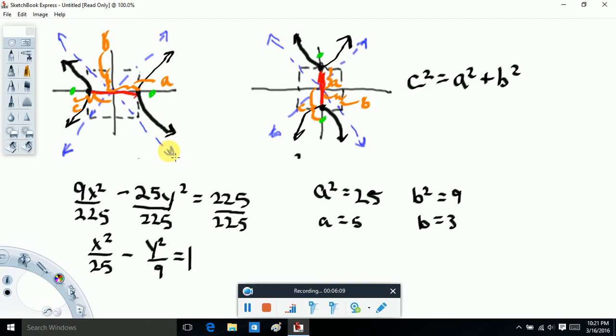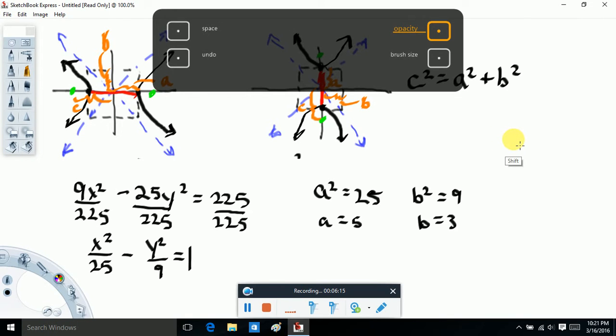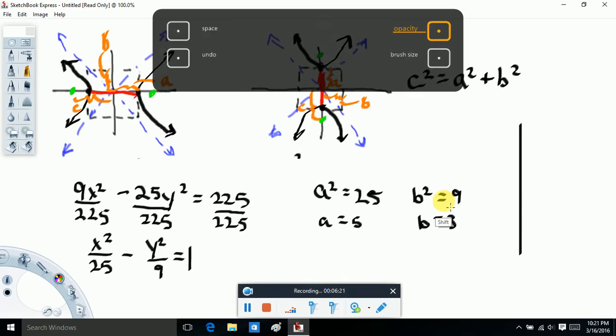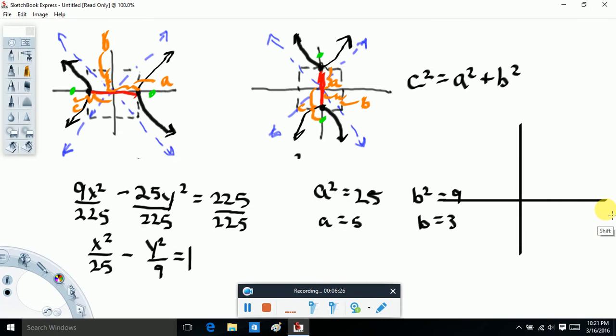So if we were to draw our axes, we know that the vertices are going to lie along the x-axis.